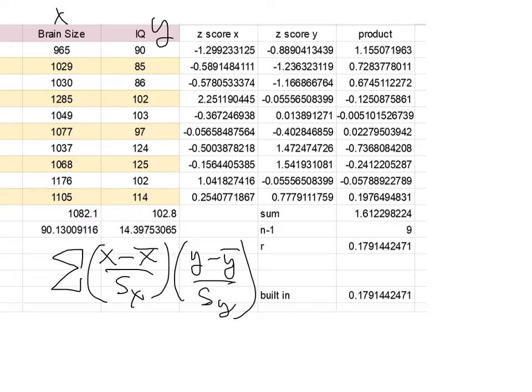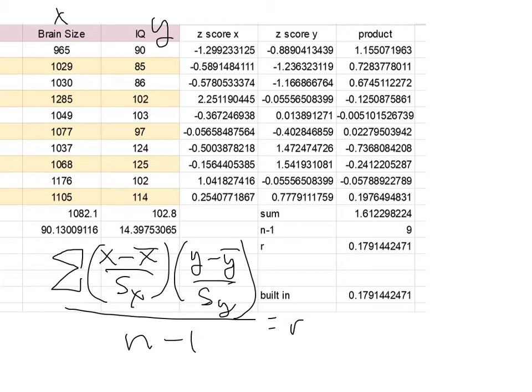We're going to add all those: you find each standard score, you multiply the corresponding pairs of standard scores, and you find the sum of all those, then you divide by one less than what you started with, and that's correlation. That's how you calculate R.